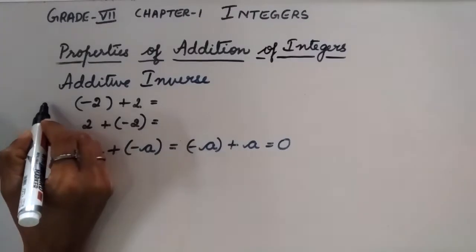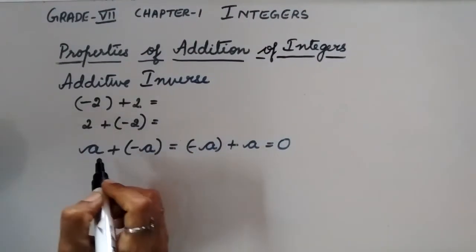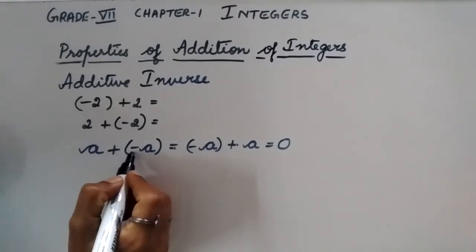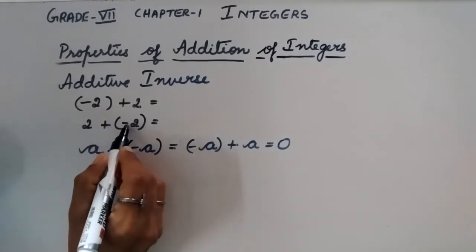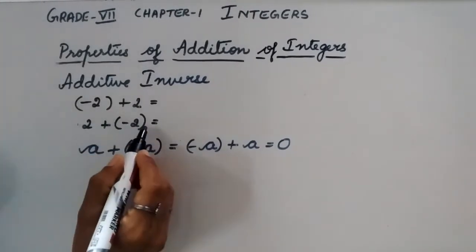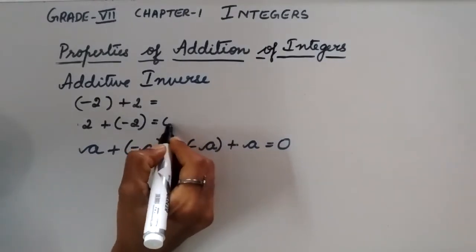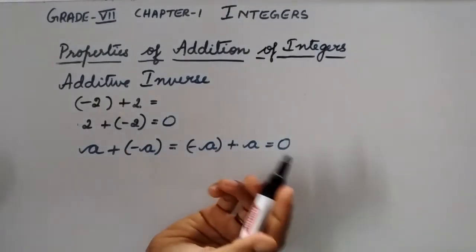Now see the examples given here. Now this is the form a plus minus a, that is 2 plus minus 2. This is plus 2 plus minus 2. What is the answer? It is 0, isn't it, students? Plus 2 and minus 2 is 0.